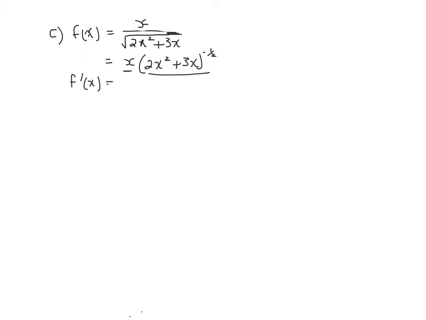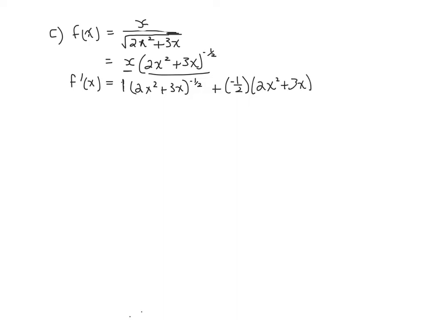All right, so using the product rule then, the derivative of the first is just a 1 times the second, (2x squared plus 3x) all to the exponent negative a half, and then plus the derivative of the second. So using that chain rule, that negative a half exponent comes down front, and then we write what's inside that bracket and reduce that exponent by 1.